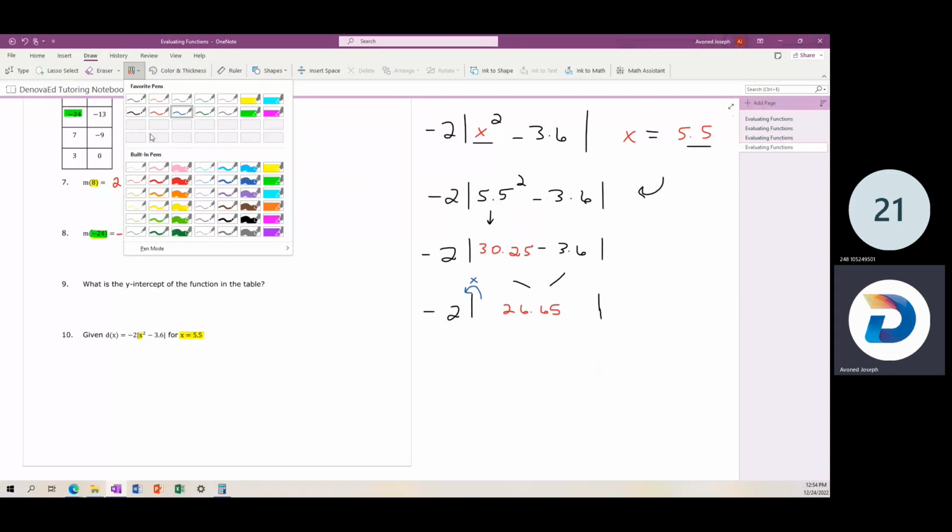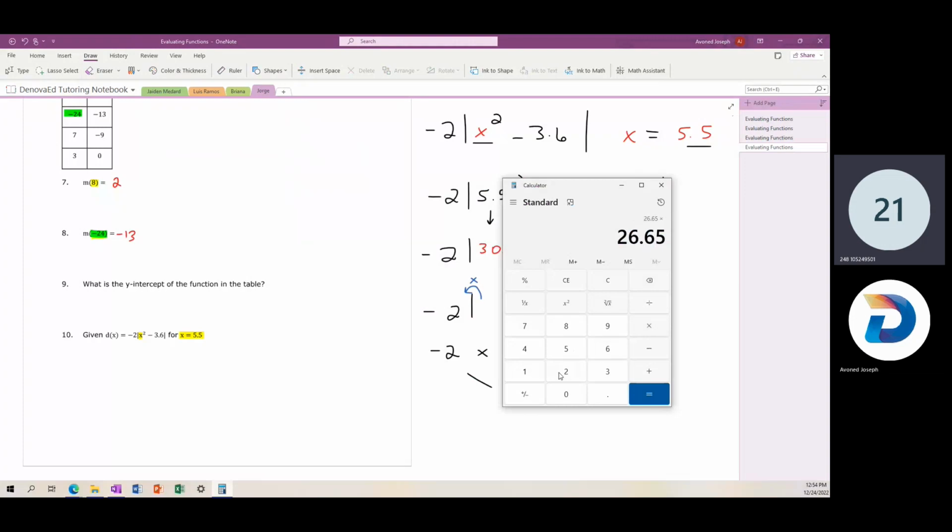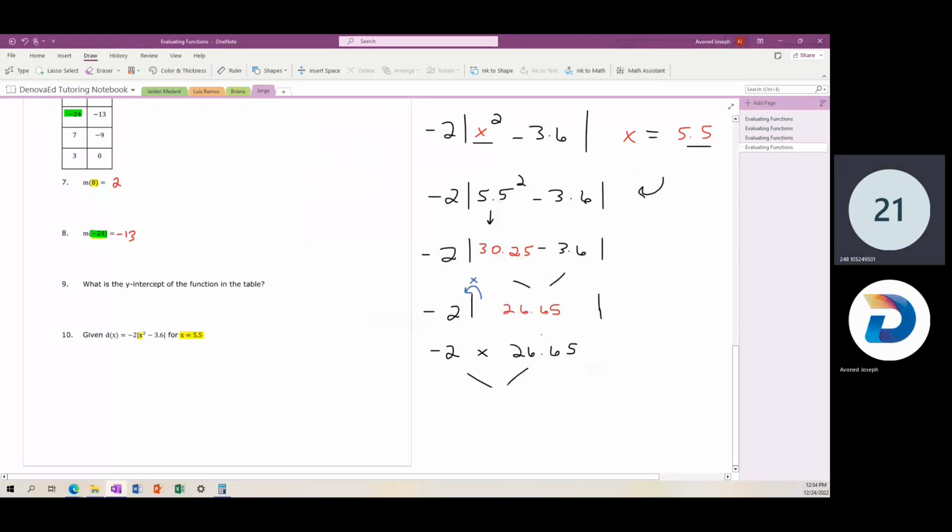So now we have -2 times 26.65, and that is equal to what? 53.3. Yeah, 53.3, and that is our answer.